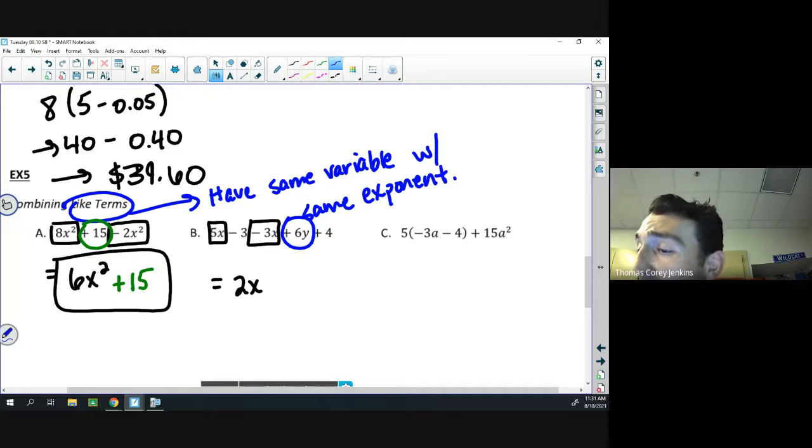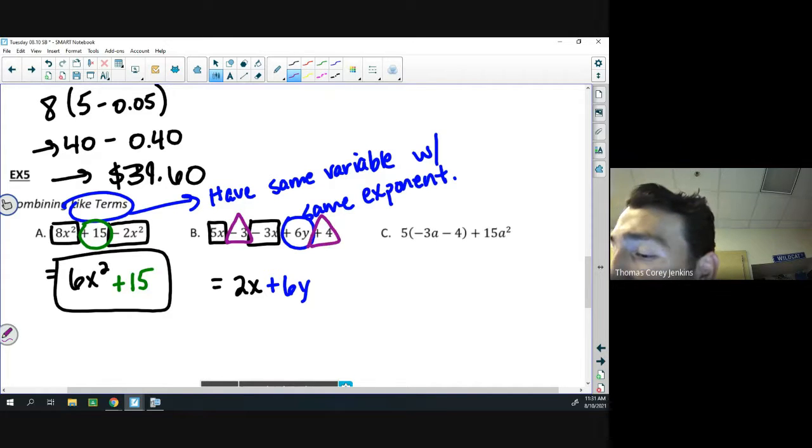We have 6y that doesn't go with anything else, so that just stays plus 6y. And then finally we have, what should we do for those? Triangles, I guess. Minus 3 and plus 4. What would the sum of those two be? 1. Very good. So plus 1.